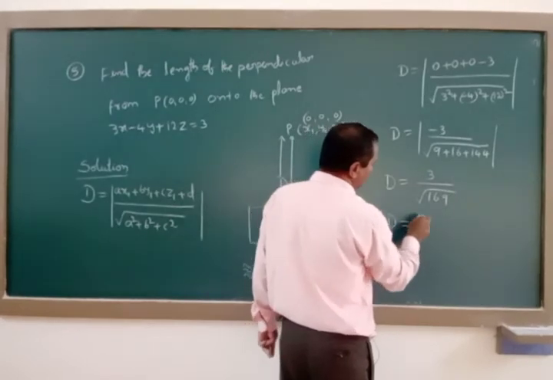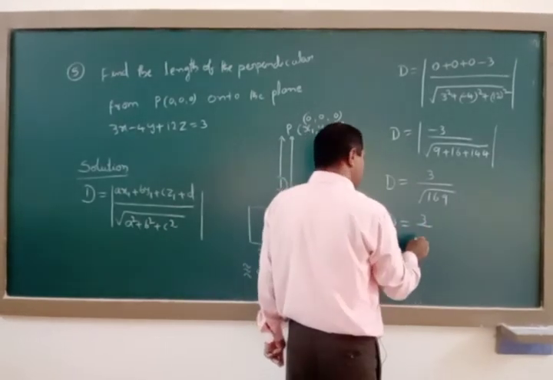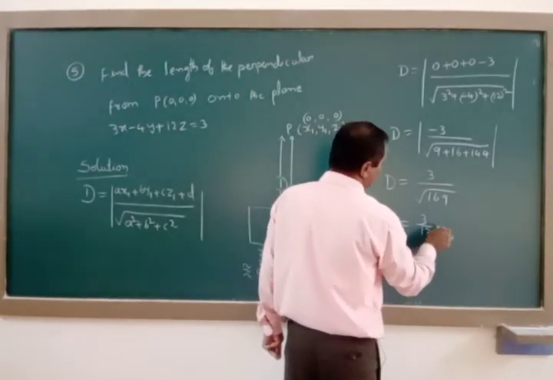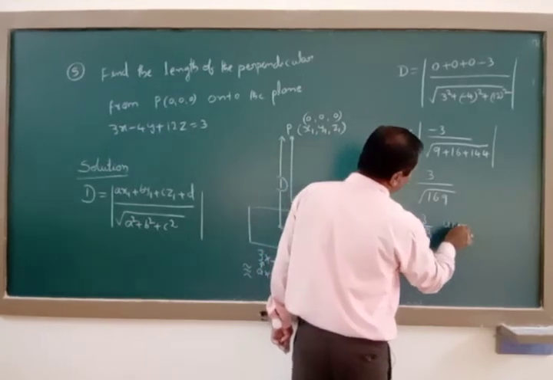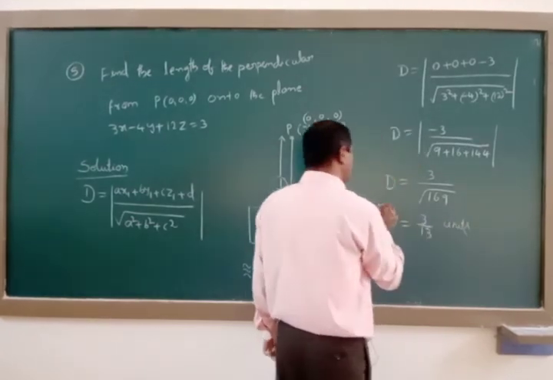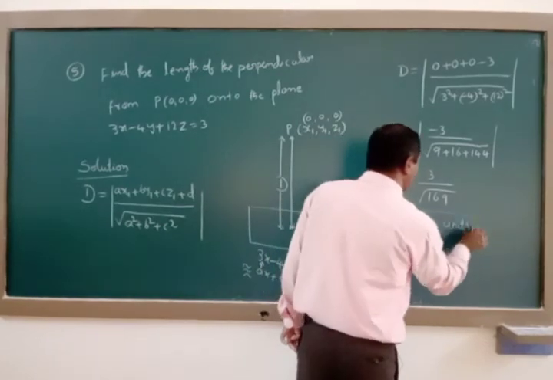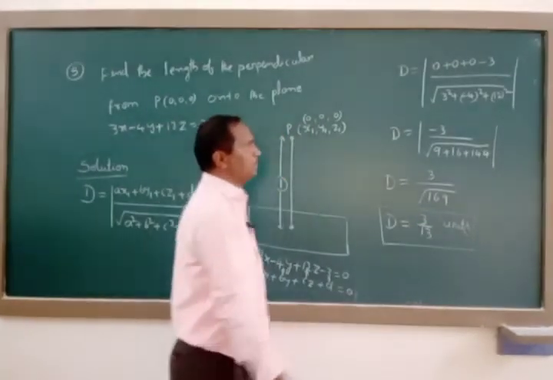So d is equal to 3 by square root of 169, which can be written as 13, that is 3 by 13 units. It is the length of the perpendicular from the point onto the given plane.